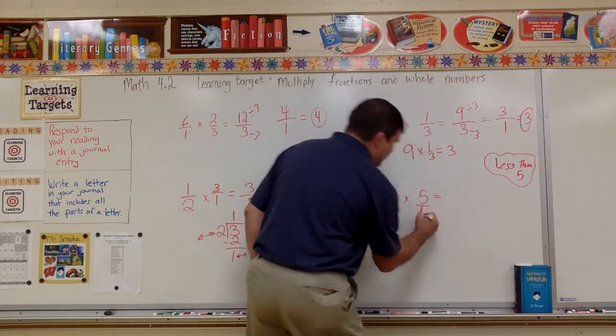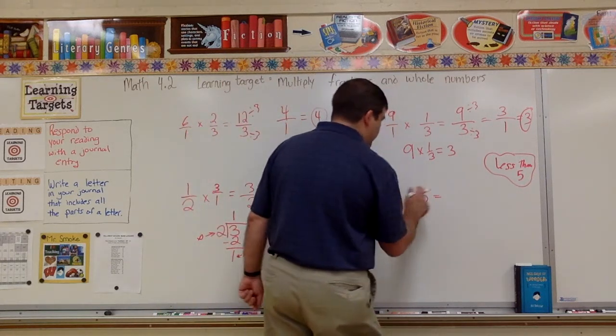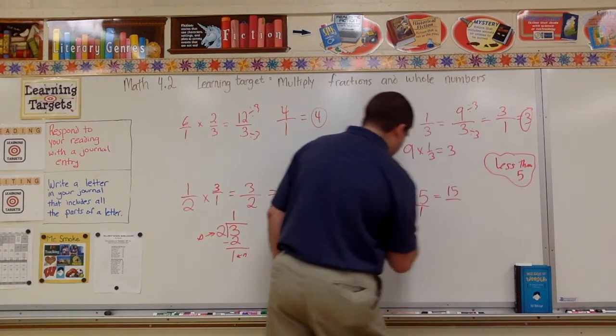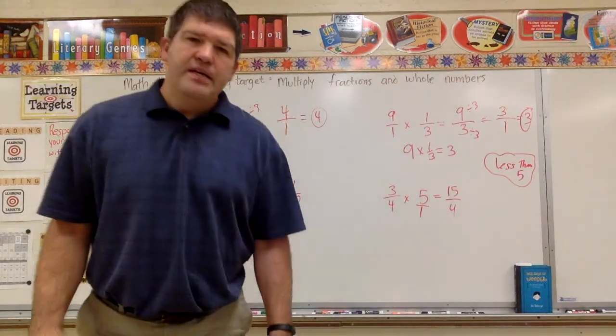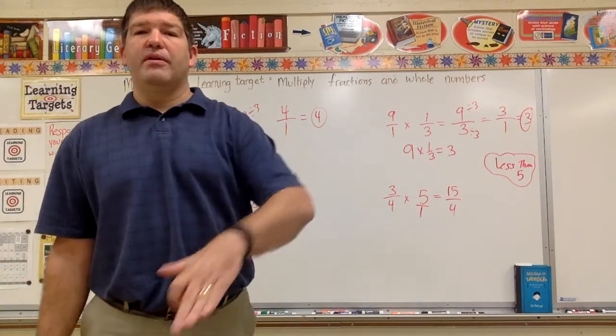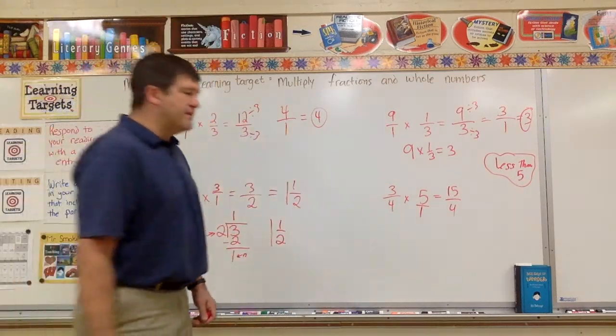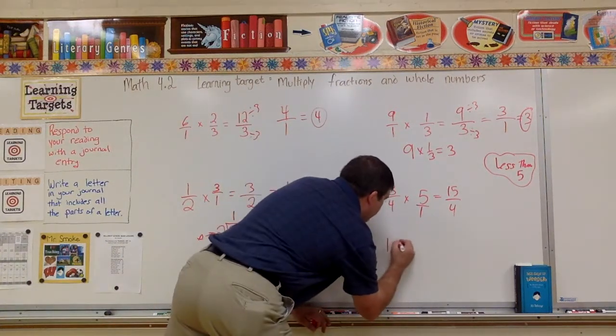I'm going to put a 1 under here, make that into a fraction, and now I'm going to multiply across. 3 times 5 is 15. 4 times 1 is 4. Okay, 15 over 4. Is there any number that goes into both 4 and 15 that will allow me to reduce that? There isn't.